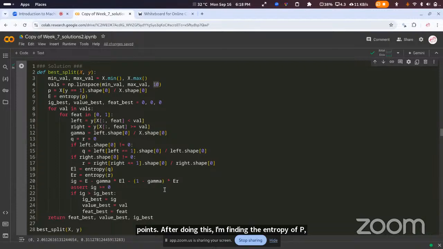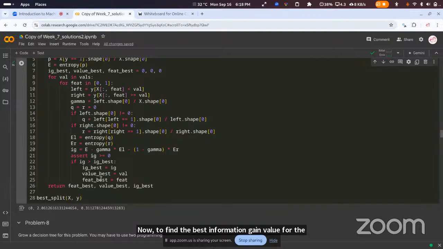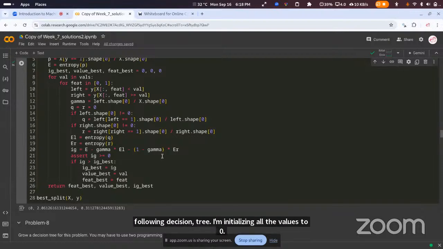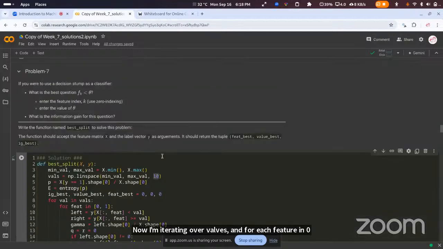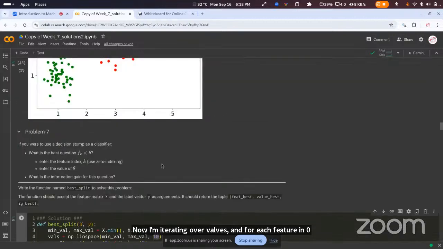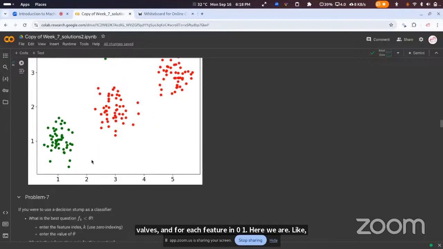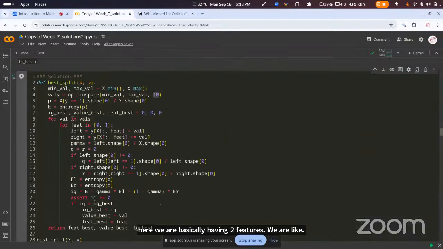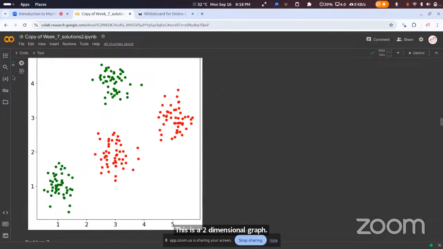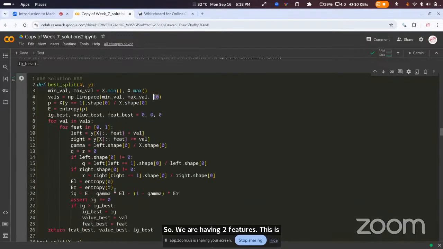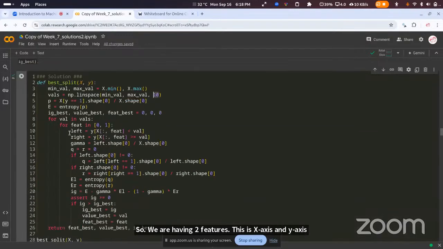As we already saw, we'll be finding the entropy of both the left child as well as the right child for the information gain. Now to find the best information gain value for the decision tree, I'm initializing all the values to 0. Now I'm iterating over vals, and for each feature in 0 comma 1. Here we basically have two features, as this is a two-dimensional graph: the x-axis and the y-axis. For each feature, we are finding the left child and right child.